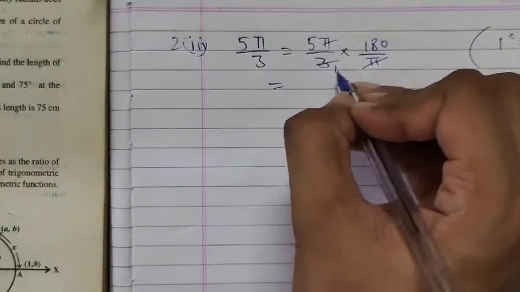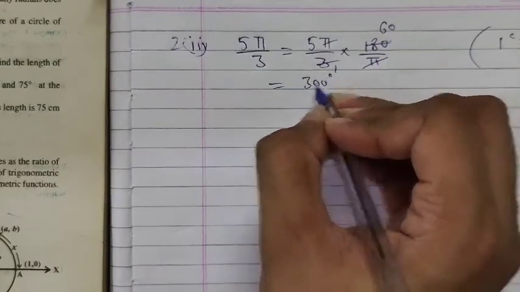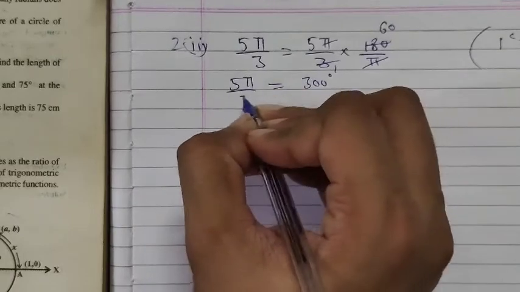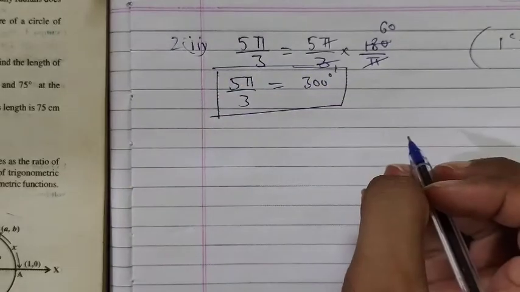So this will be 3 ones are 3, 3 sixes are 18... so 300 degrees. So in 5 pi by 3 we have 300 degrees, right? So this is our answer.